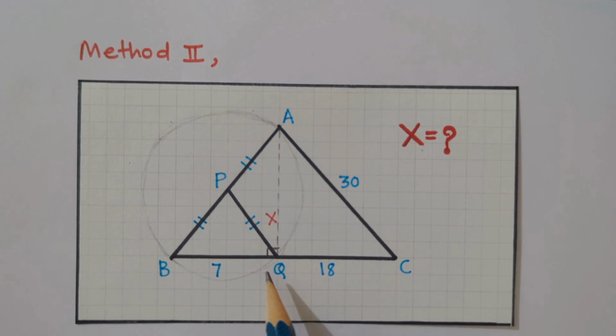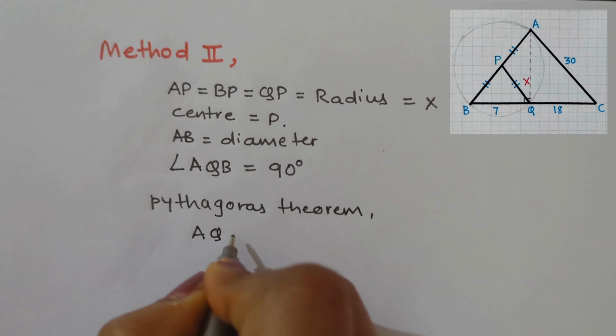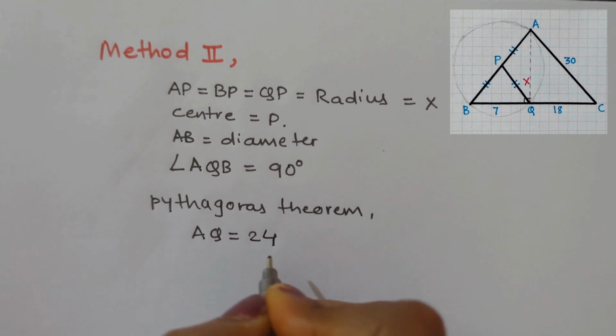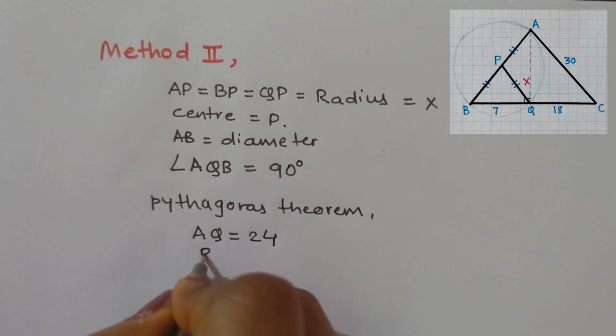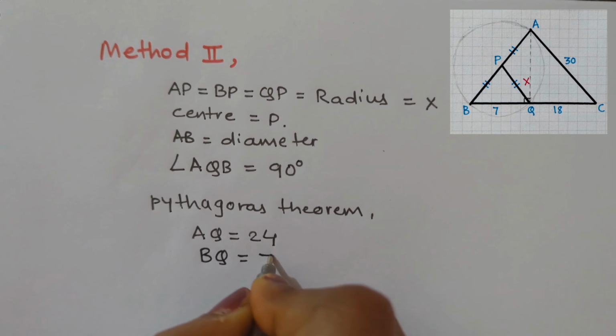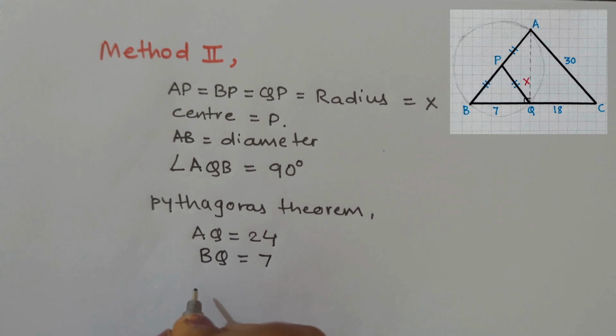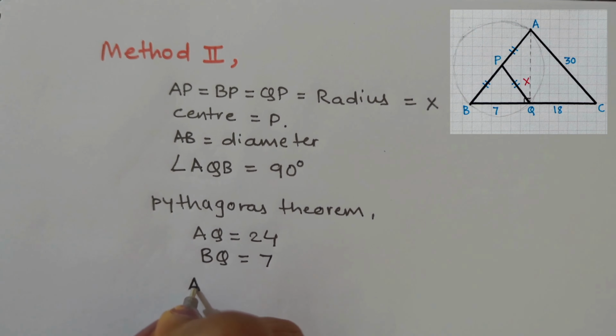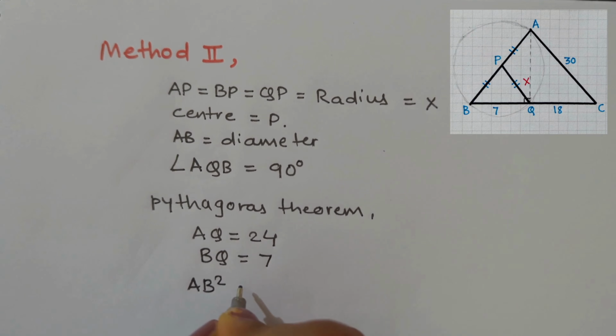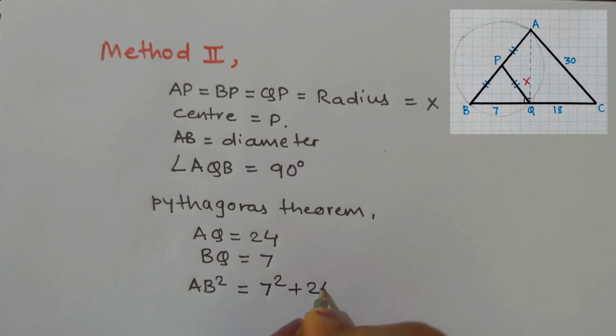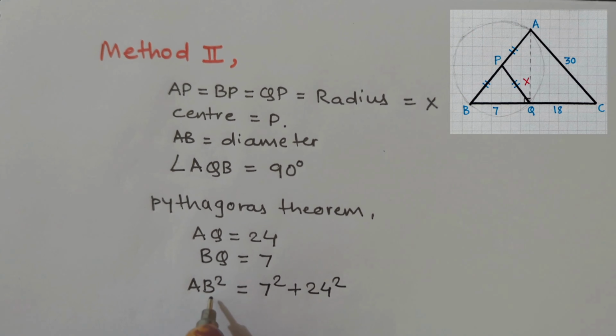So considering the Pythagoras theorem, AQ is 24, BQ is 7, hence AB square is equal to 7 square plus 24 square.